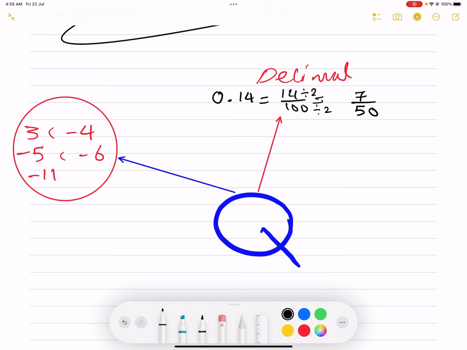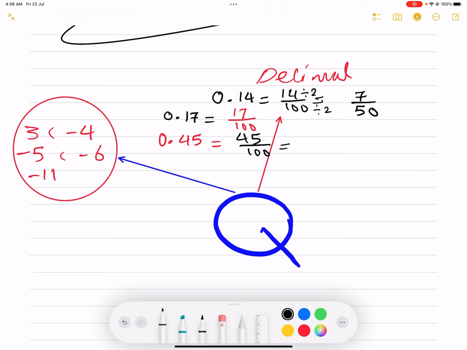What about if we got here 0.17 or 17 hundredths? It will be 17 out of 100. What about 0.45? It will be the same thing, 45 hundredths, which means 45 out of 100, and both the numerator and the denominator are divisible by 5.